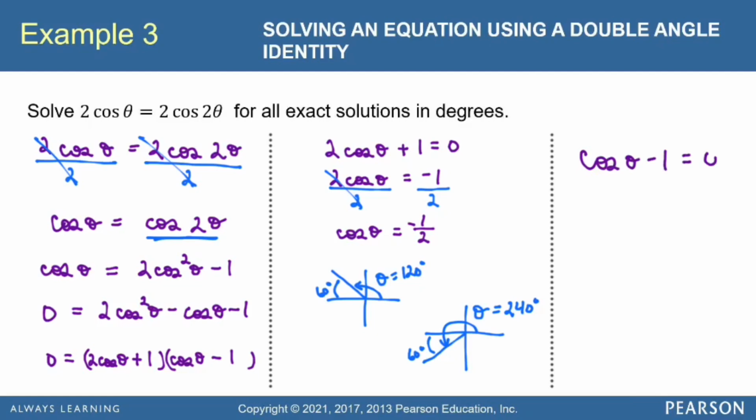When cosine theta minus 1 equals 0, that means cosine theta equals 1. So we're looking for the point on the unit circle where the horizontal coordinate would be 1, and that would only happen at 0 degrees. And now we are ready to state all exact solutions in degrees. So since we want to stay in degrees, we will add plus 360 degrees n to the end of each principal solution.